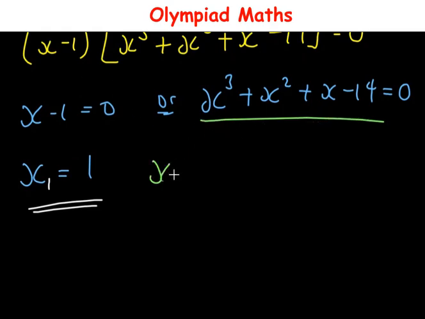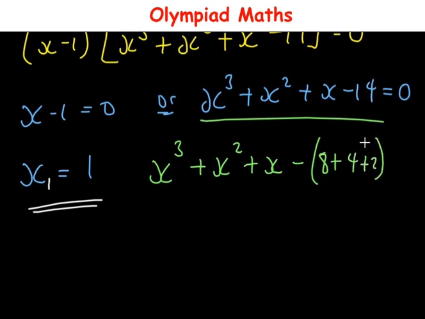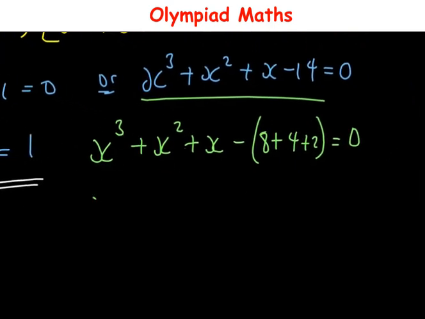So we have x raised to power 3 plus x raised to power 2 plus x. Now minus, we can express 14 as in brackets 8 plus 4 plus 2. This will give us 14 equals to 0. So at this junction, we have x raised to power 3 plus x squared plus x minus 8 minus 4 minus 2.